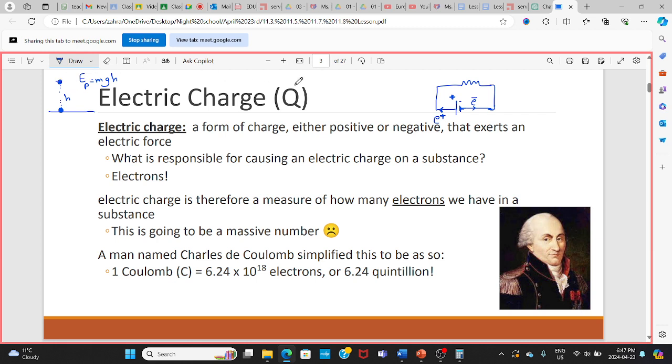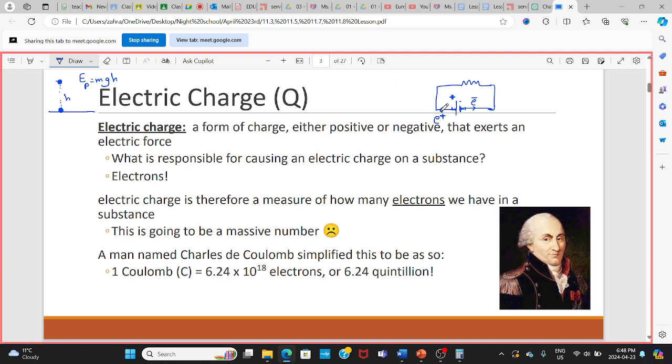The same thing happens when you have a battery. The electron moves through the circuit. And how does it move? Because it possesses potential energy, right? There's a potential difference between these two, and it forces the charge to move from one place to another. From higher potential, it moves to lower potential.